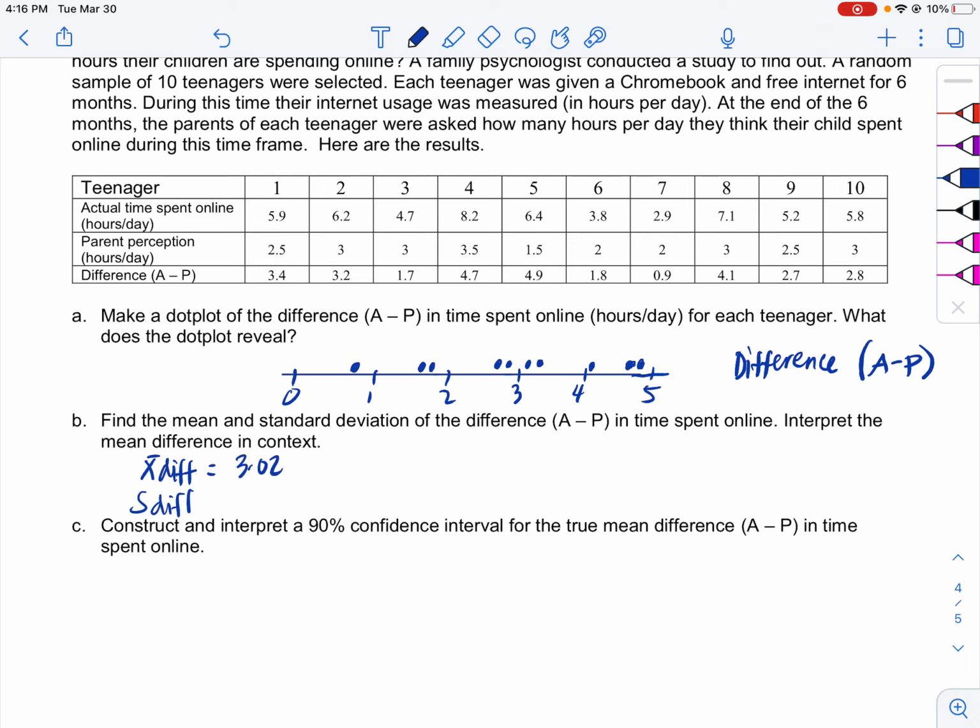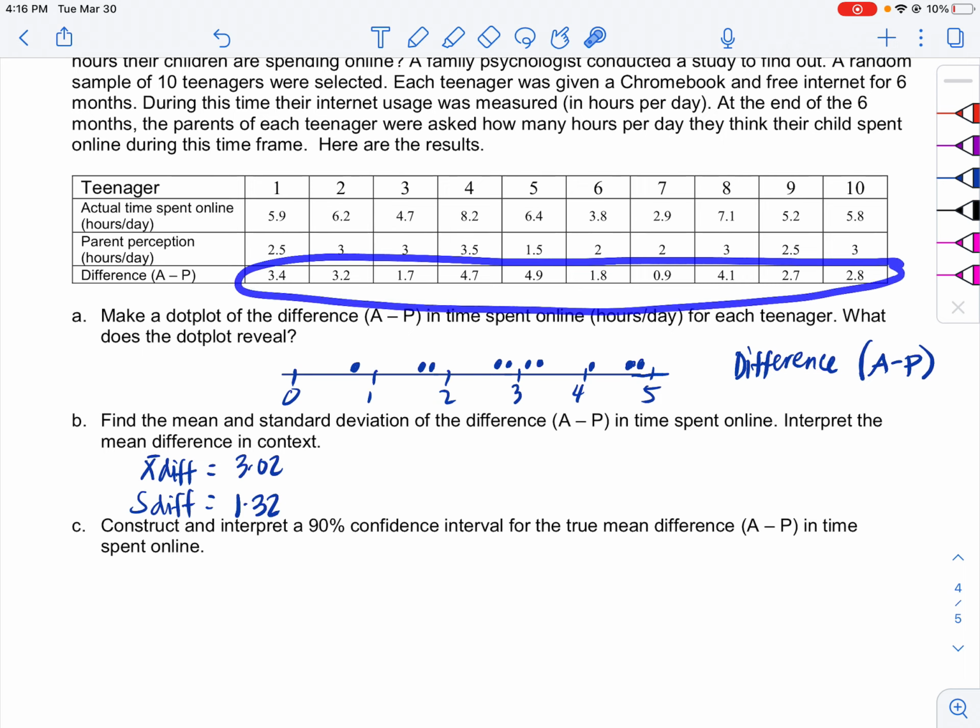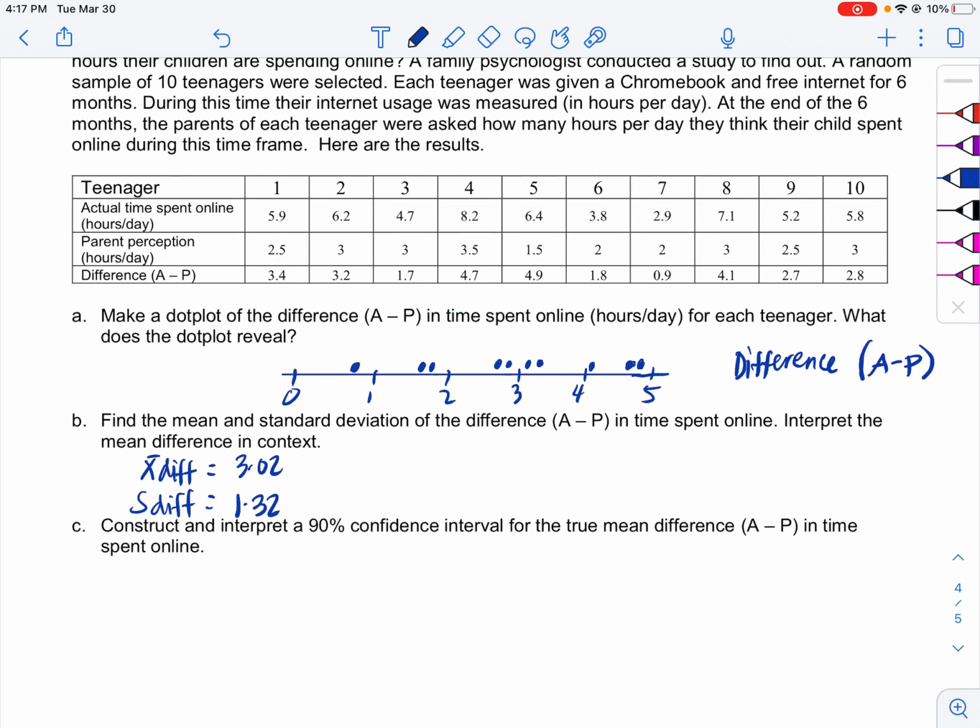My standard deviation difference is 1.32. Please, you guys, I didn't do that by hand, and I taught you already how to put those in the calculator. We don't want to do anything by hand. We don't want to add everything and divide by 10. It's going to take us so long.